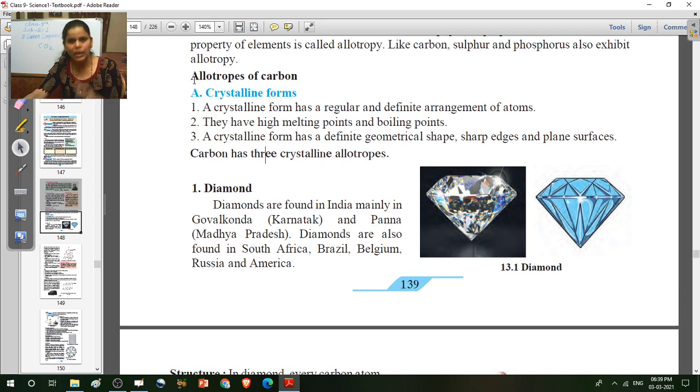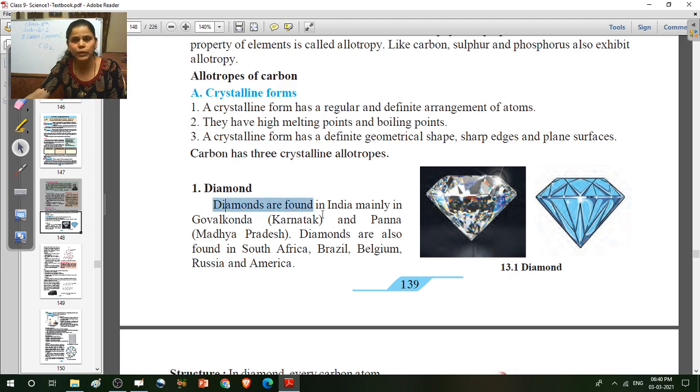So here, what is the heading? Allotropes of carbon. And the carbon allotropes are found in two forms. First one is crystalline form. And the examples, diamond, graphite, fullerenes. So first, diamond.